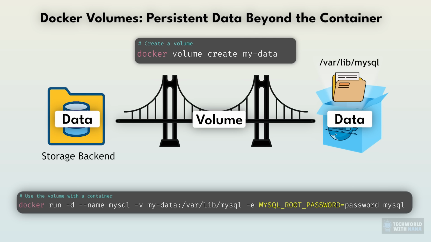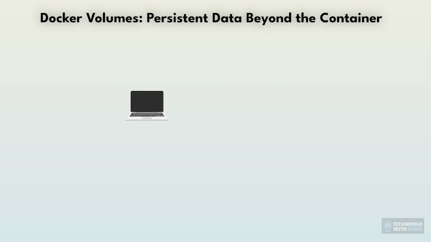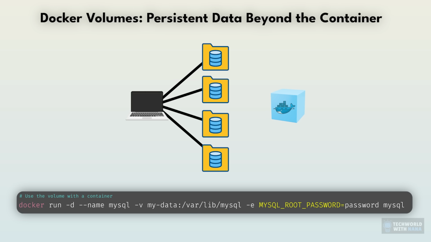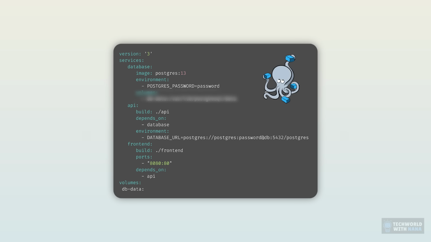And this is how simple it is in practice to create and use a volume. You can create as many volumes as you want, and you can then reference or connect them to the container with an additional parameter like this. But we said that all the configuration should be in code in Docker Compose.